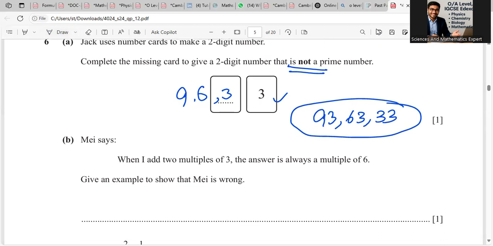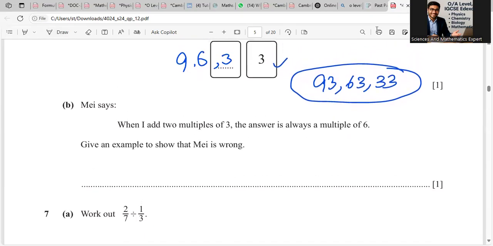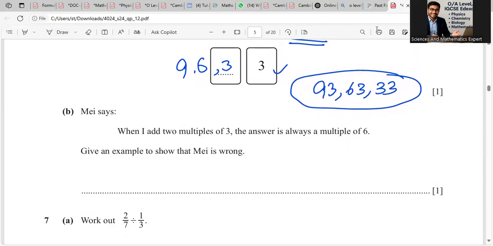After that, he is saying that when I add two multiples of 3, the answer is always a multiple of 6. Give an example to show that this is wrong.